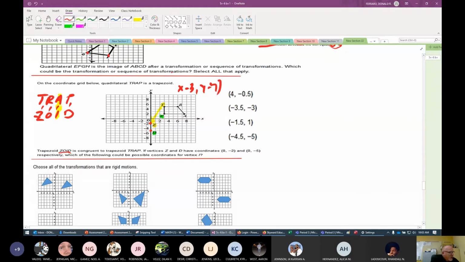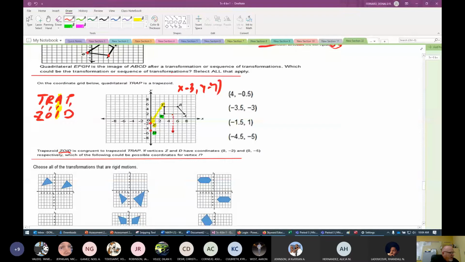Well, if I did that, I go 1, 2, 3, and then down 7: 1, 2, 3, 4, 5, 6, 7. Whoops. Control Z, Control Z. So I'm at 2 and -5.